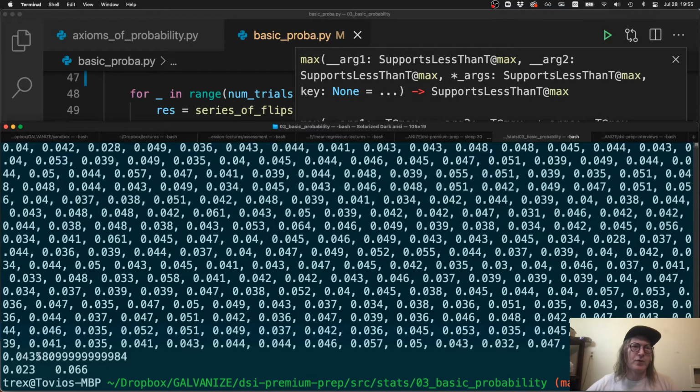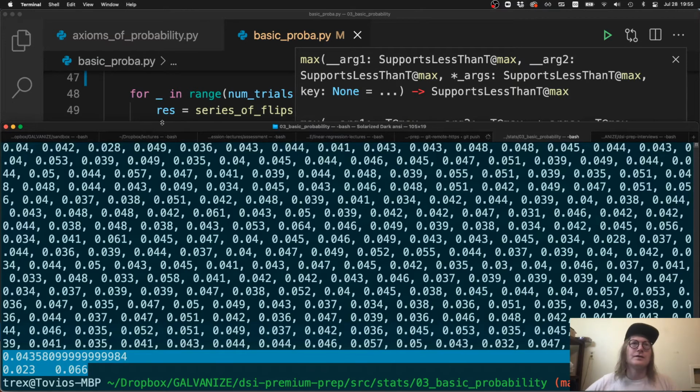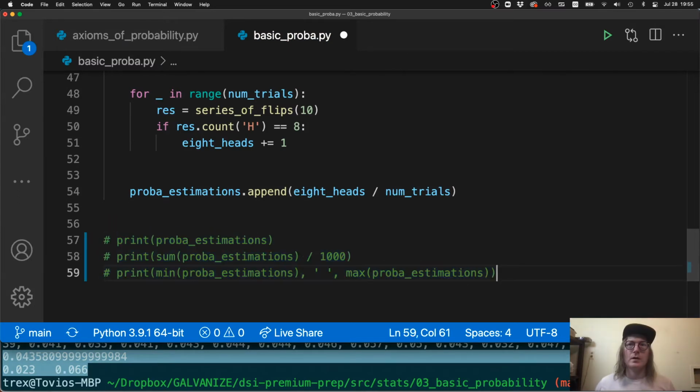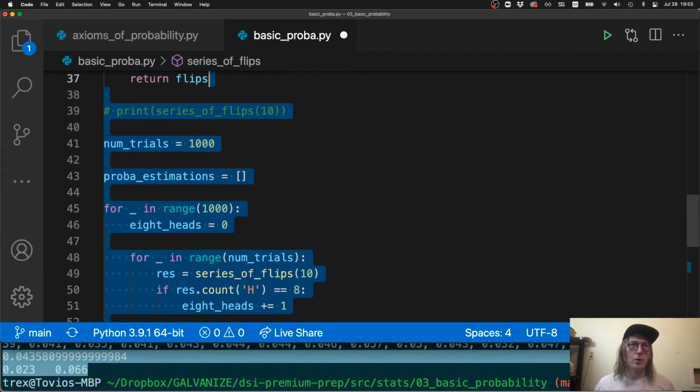It was 0.0439. This time it's 0.0435. And these are going to change a little bit too. Keep that in mind. We're going to look at that with a little bit more depth, but not today, we'll look at that very soon. All right. So I'm going to have you code up something really quick. We're going to leave this aside for a little bit.